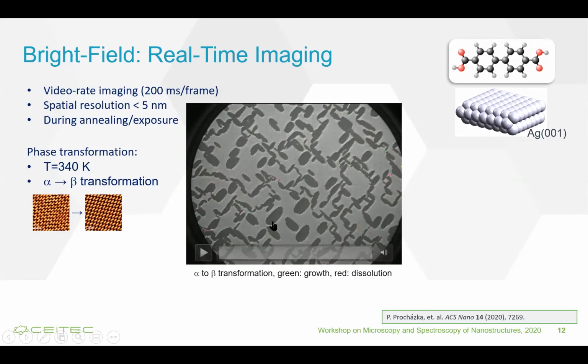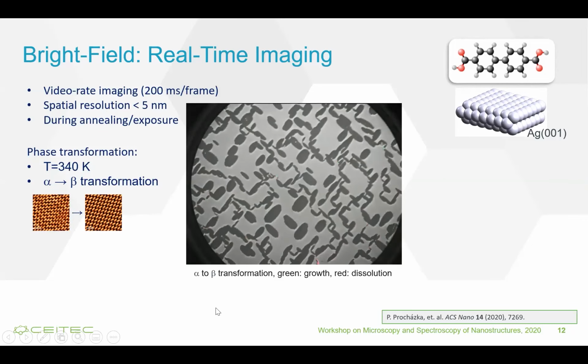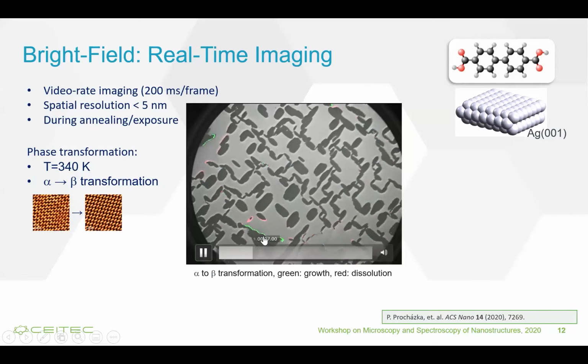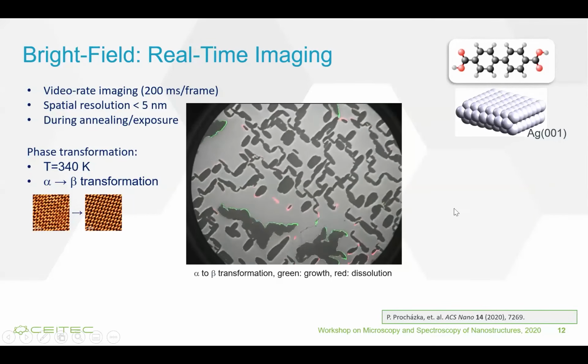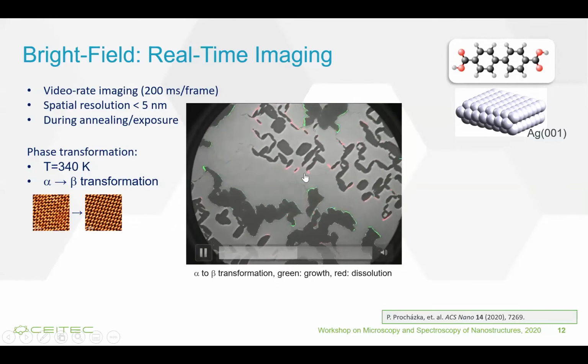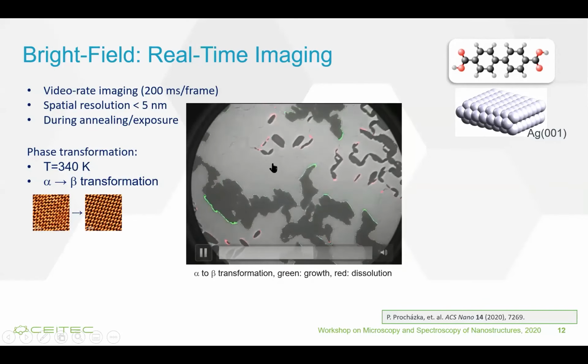So initially we see only the first phase, and then in this video we mark in green what's growing and in red what's dissolving. So let's see how it proceeds. First there is some nucleation of the new phase. It quickly enhances and the old phase just evaporates to the molecular gas which is on the surface.